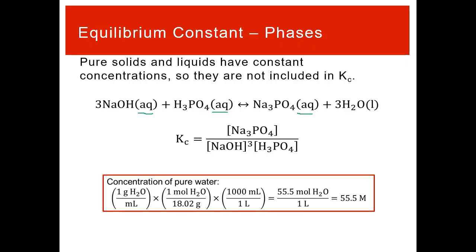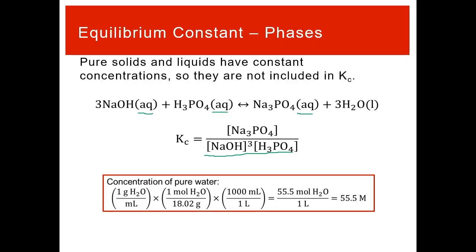That means they're all dissolved in water. Those are all solutions with concentrations that can change. As you approach equilibrium or move around your relative amounts, you would see different amounts of those, and they can then show up in the equilibrium constant. That's why their concentrations show up there.